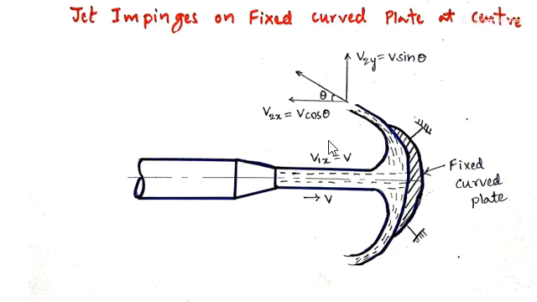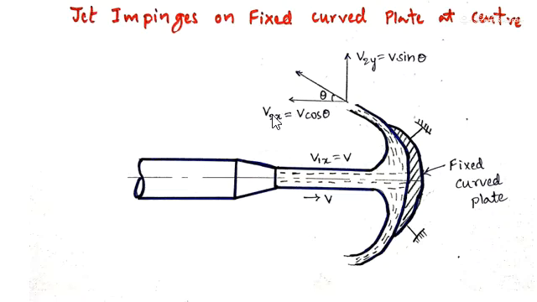Here, after striking, the jet is moving like this. If you resolve that into two components, one is along x and one is along y. I told you the jet is making an angle of theta with the x direction while leaving. So the x component will be moving like this.